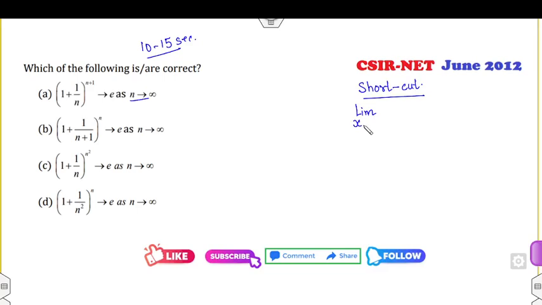Whenever you have the limit as x approaches infinity of (1 + f(x)) raised to the power g(x), you can see all these functions are of the form 1 plus f(x) raised to the power something. If this is of the form 1 raised to the power infinity, then you can find the limit directly by taking e raised to the power limit of f(x) times g(x).